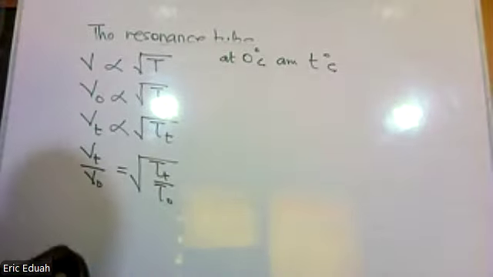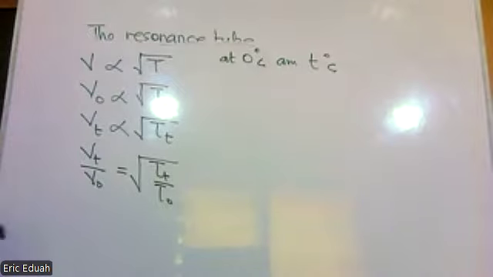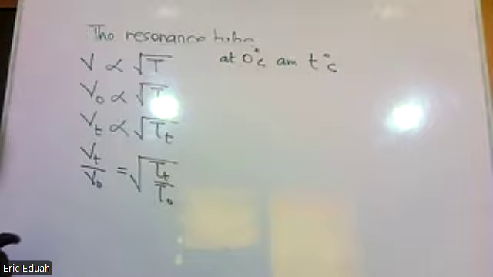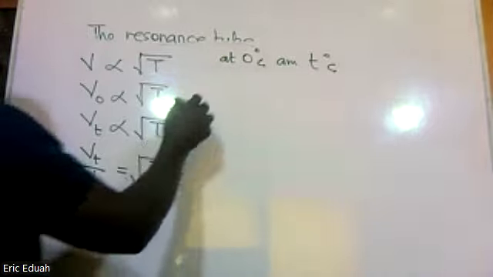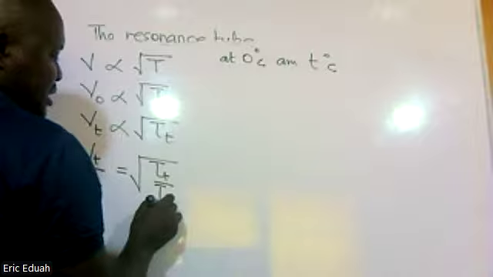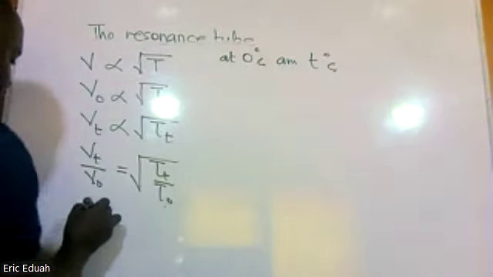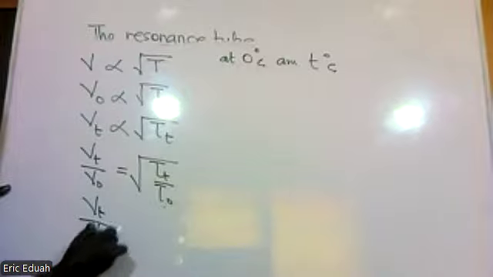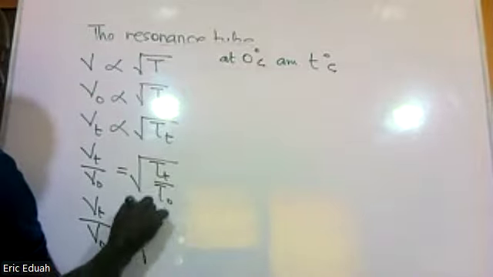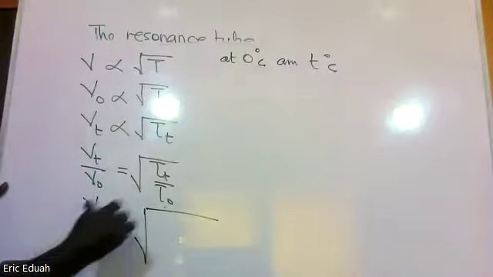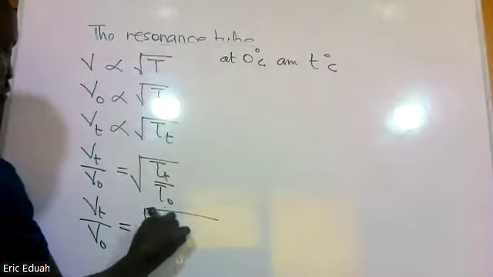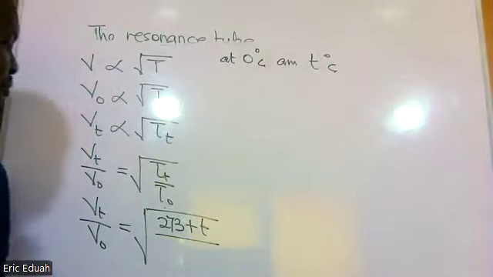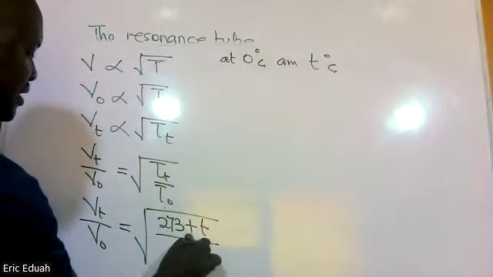I want us to look at how temperature relates to velocity of sound in air. So let's change these temperatures in degrees Celsius to Kelvin. So V at T over V at 0 will be equal to the square root of 273 plus t over 273.